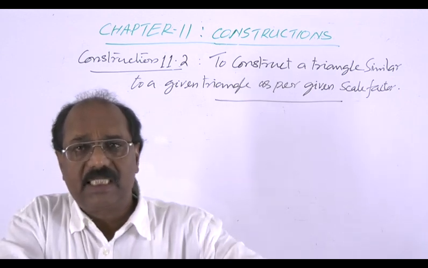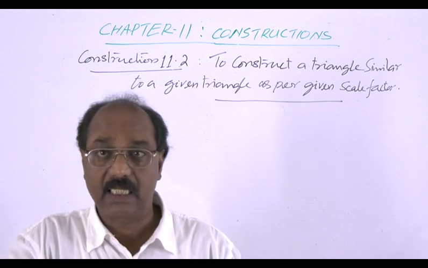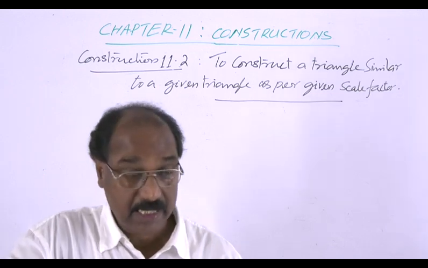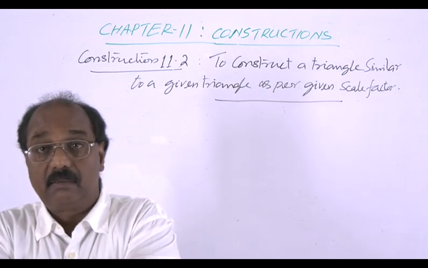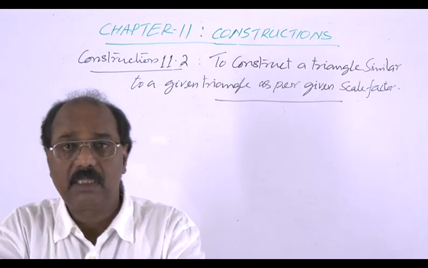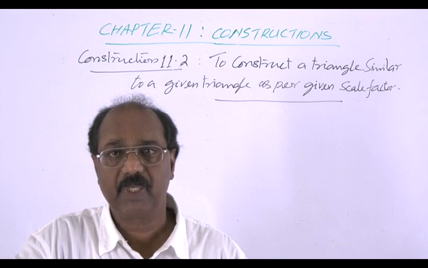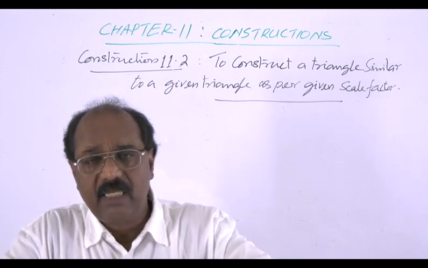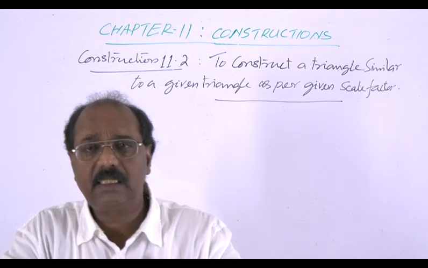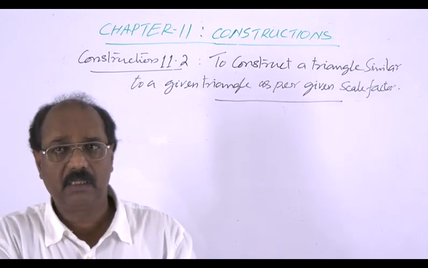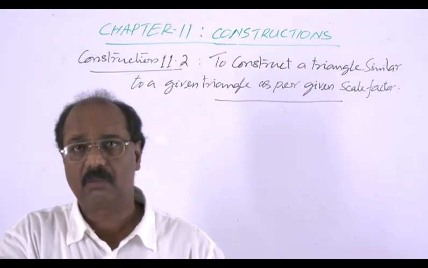So there are two types of triangles. One, a smaller triangle and a larger triangle than the given triangle. In this scale factor, if the numerator of the fraction is less than the denominator, the new triangle will be a smaller one.